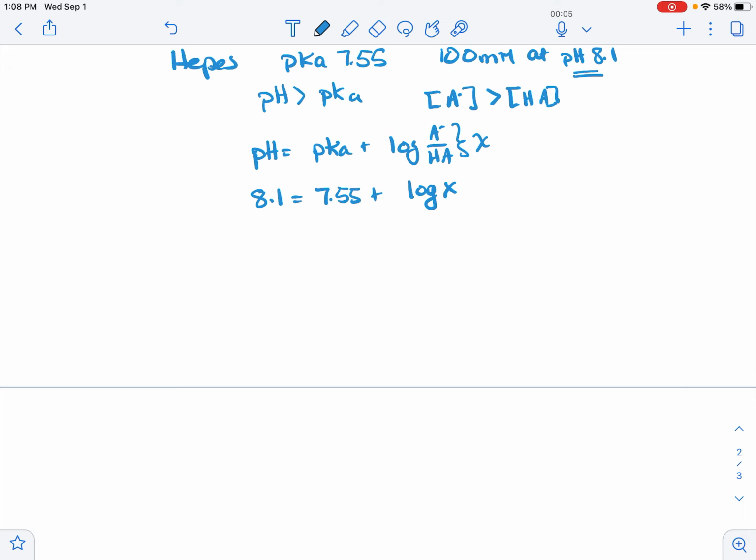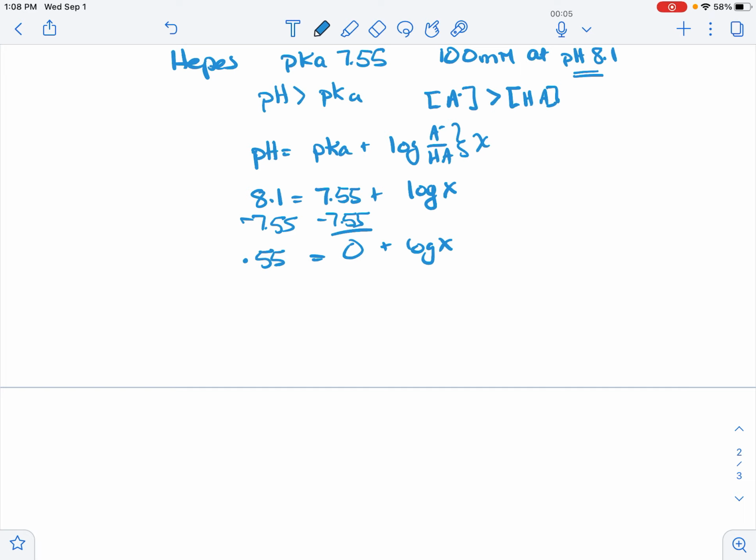Subtract 7.55 from each side. That is 0 plus the log of X, and that is equal to 0.55.